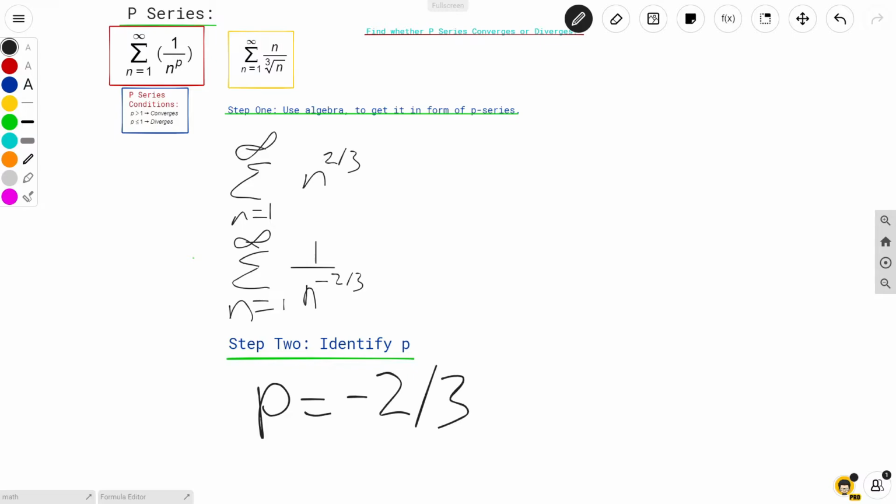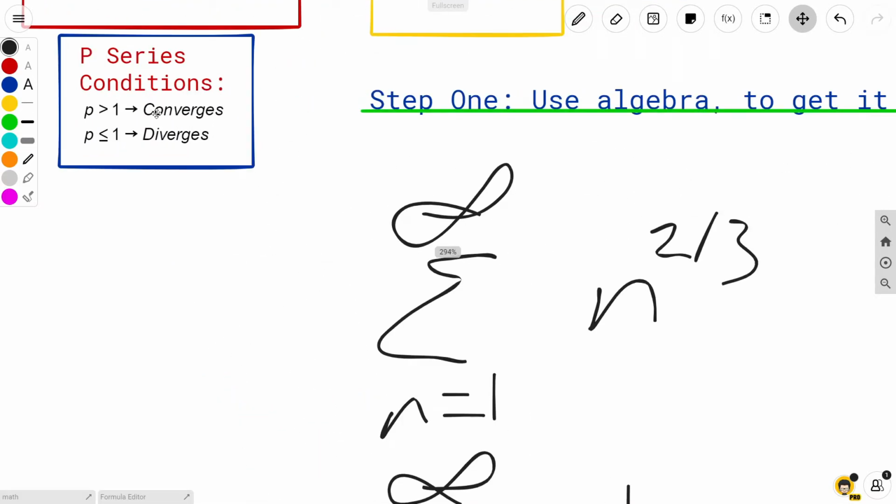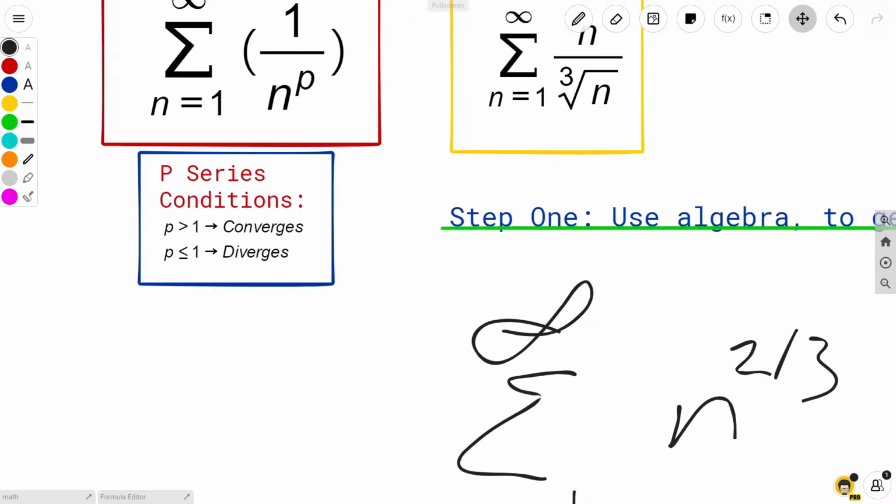And since p is less than 1, because negative 2/3 is less than 1, we apply the p-series conditions, which are right here. Whenever p is less than 1, which it is in this case, our series is going to diverge.